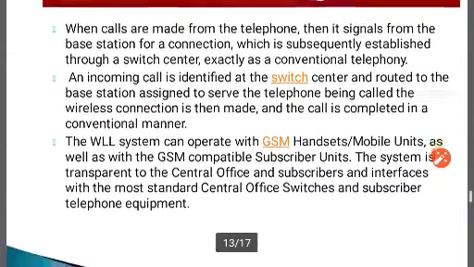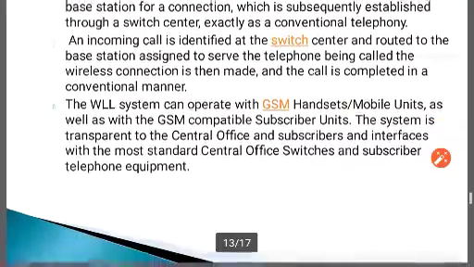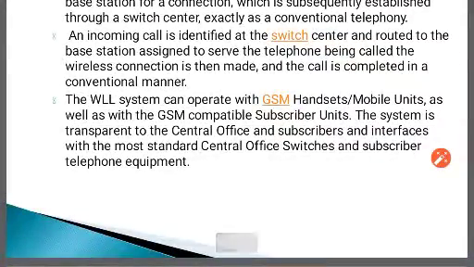After that, an incoming call is identified at the switch center and routed to the base station depending upon the required number. Then the WLL system operates with GSM handsets or mobile units as well as GSM compatible subscriber units. Basically, the SIM card is working over here. The system is transparent to the central office and the subscribers interface with the most standard central office switches and subscriber telephone equipment.